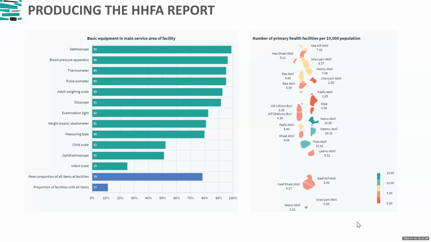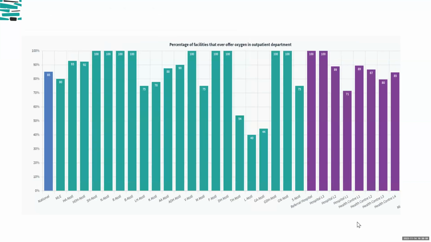For the production of the HHFA report, we had discussions regarding what level and what to be included in the report. We decided to use all the data rather than high-level reporting, in terms that we used all the data at facility level. So we have atoll level data, and since our health system is graded into different levels, like hospitals we have 3 levels, health centers we have 4 levels, we also produced reporting based on that.